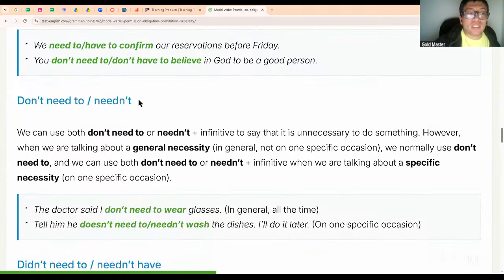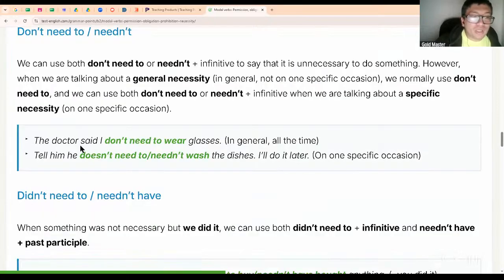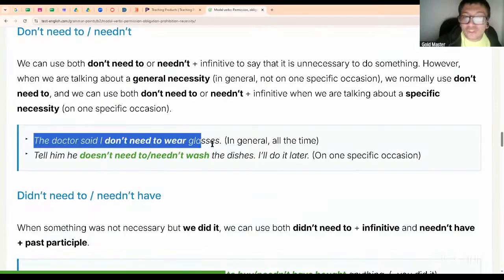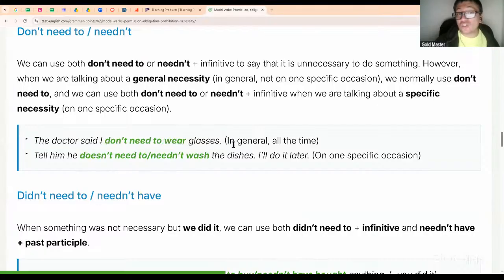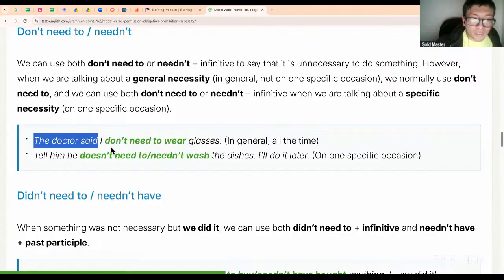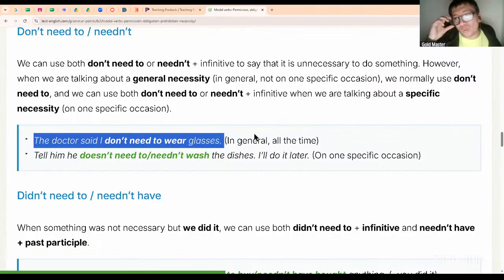Don't need to and needn't. All right. If I have to differentiate these two, I would say that we can use both don't need to or needn't plus an infinitive to say that it is not necessary to do something. If you want to say the doctor said, I don't need to wear glasses, it's just in general, all the time. El doctor dijo que no necesito usar gafas o lentes.